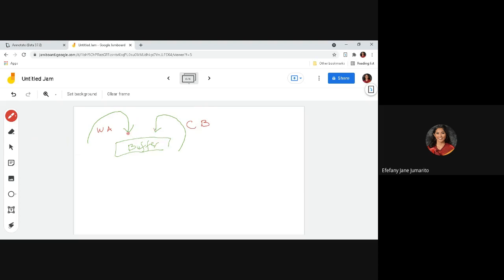A buffer consists of a weak acid and its conjugate base, or a weak base and its conjugate acid.